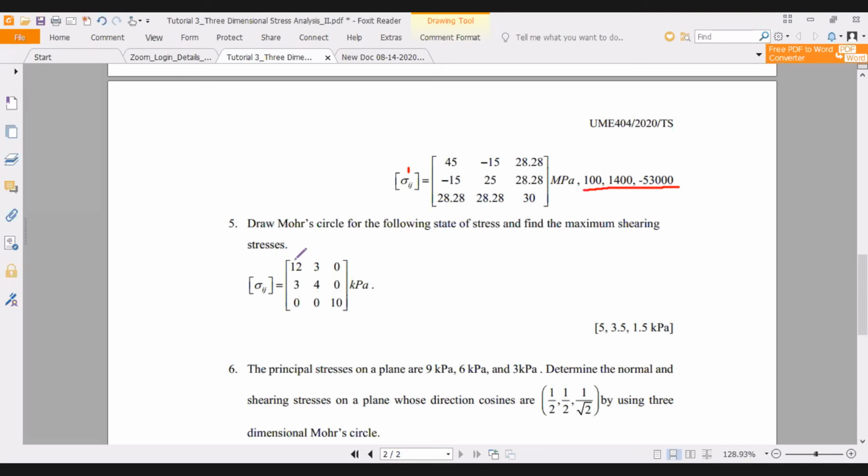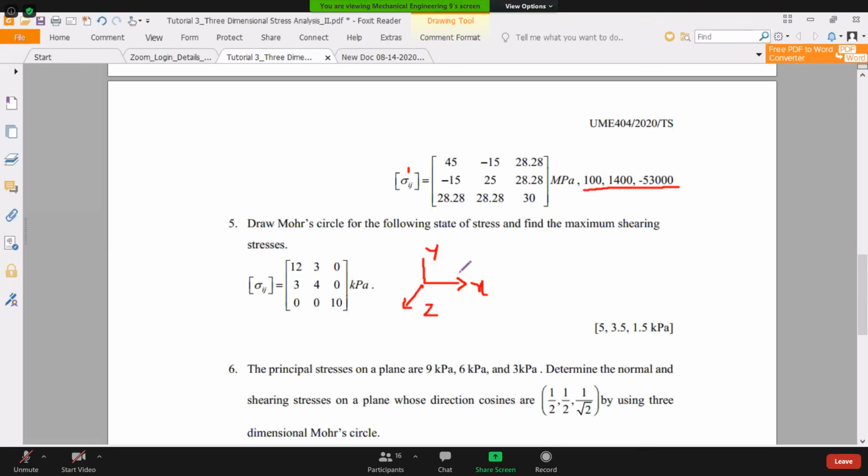So can you tell me from this stress field which one is the principal stress and why? Suppose the coordinate system is something like that, x, y, and this is the standard coordinate system. So which one is the principal stress?